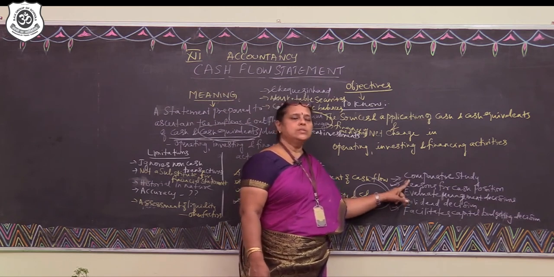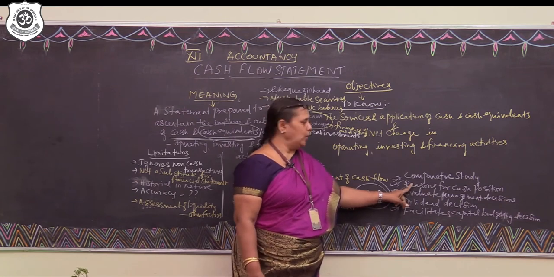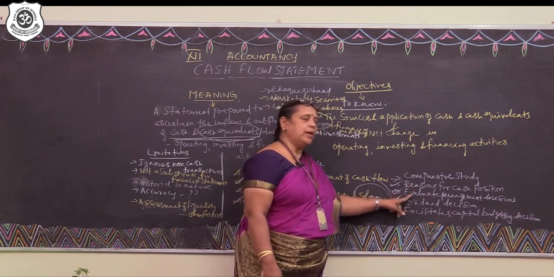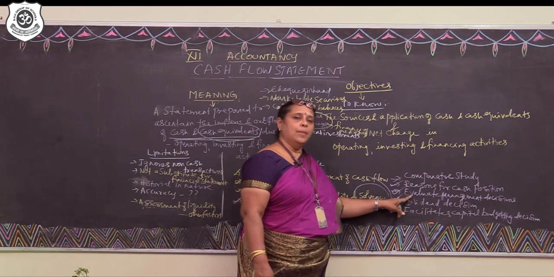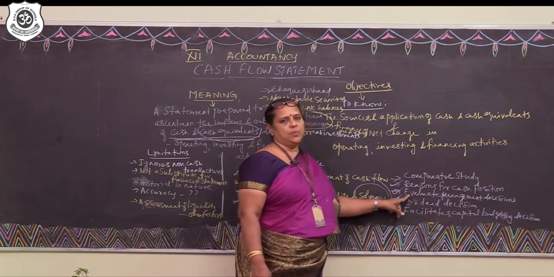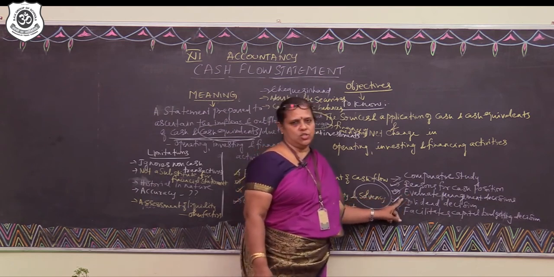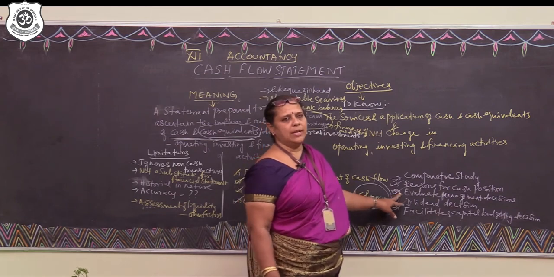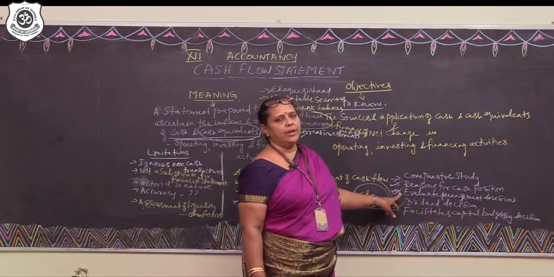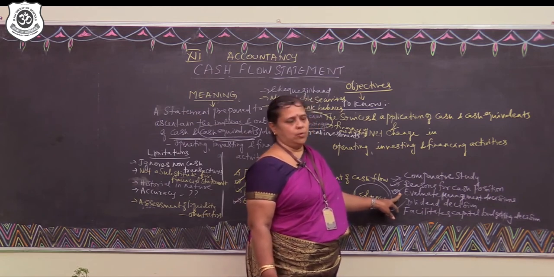To know the reason due to which there is an increase or decrease in cash and cash equivalents. Then to evaluate the decisions taken by the management, whether they are going in the right direction or not, the cash flow statement is very helpful. Then it facilitates dividend decisions. The manager is able to decide how much to declare as dividend and how much to plough back with the help of a proper cash flow statement.